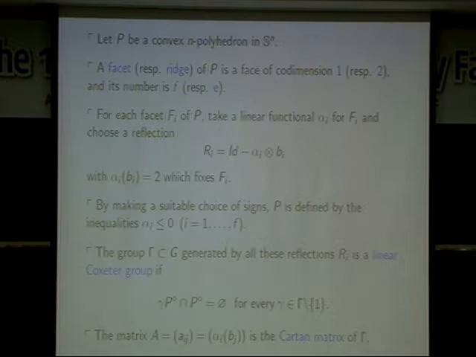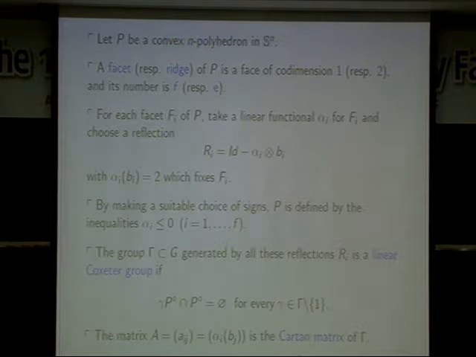And then we call this matrix A, with each entry alpha_i(b_j), the Cartan matrix of Gamma. If you remember the Gram matrix, then in fact the Cartan matrix is a generalization of the Gram matrix times 2, because in this case we choose 2.